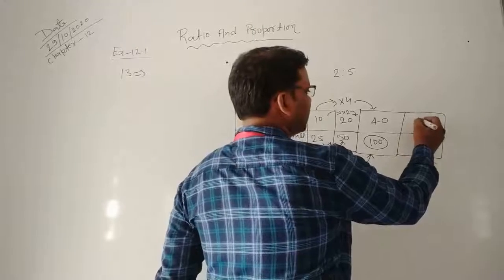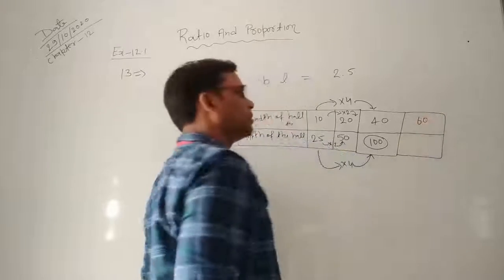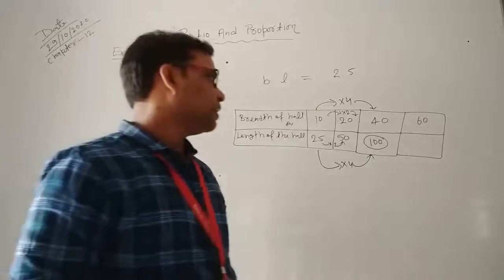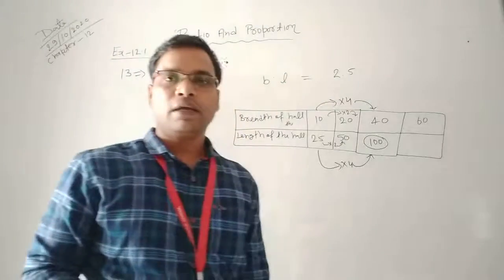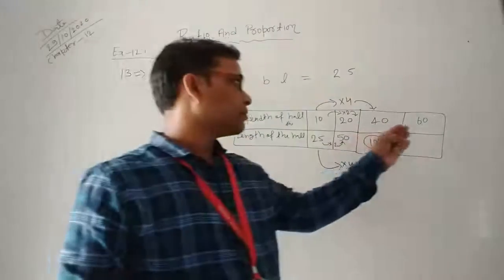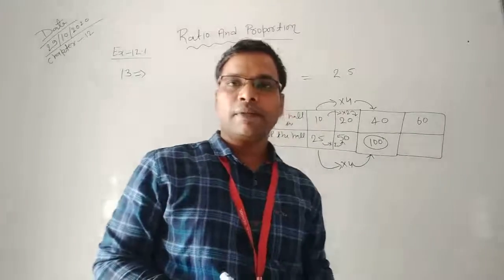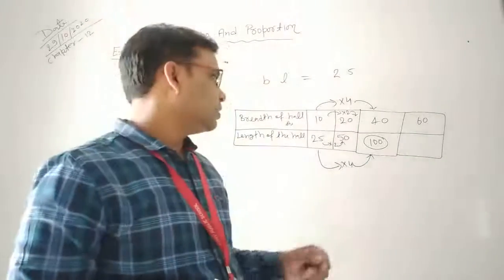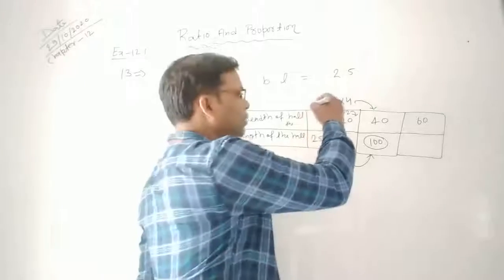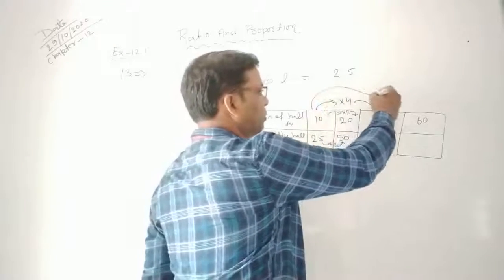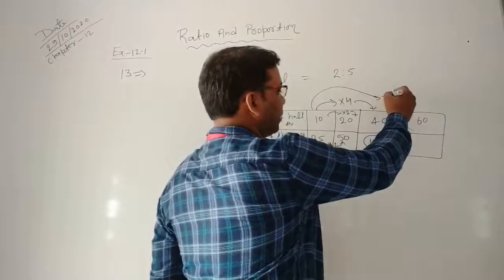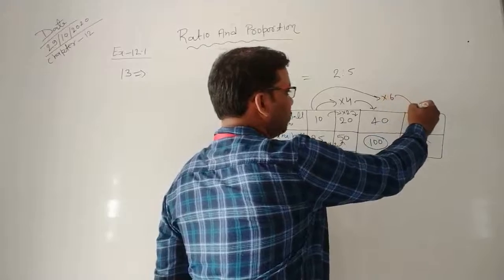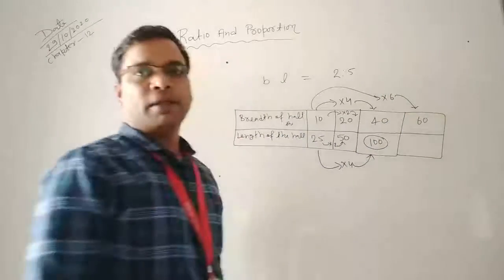Now suppose one more blank space is given. Suppose the breadth is 60. So what is the length of the hull? Here you can see this is 10. If you multiply 10 by 6, then you obtain 60.